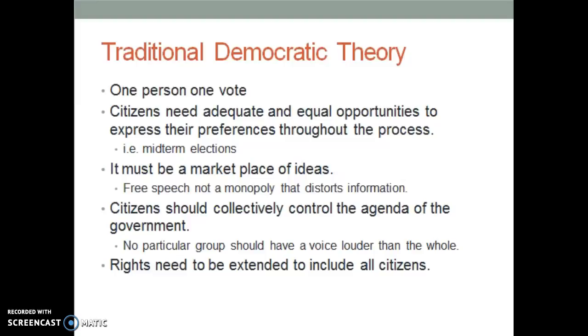And that's one of the problems that people have with the Electoral College, is that some states, like we saw in the video, states like Wyoming or Montana that have smaller populations have a disproportionate vote. And so that's one of the arguments in favor of getting rid of the Electoral College. Anyway, citizens need adequate and equal opportunities to express their preferences throughout the process.